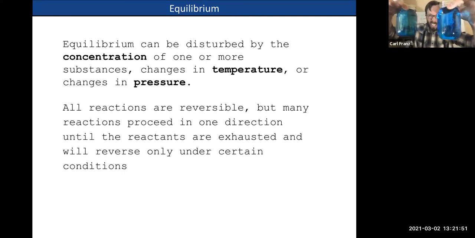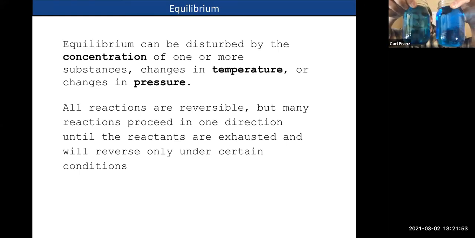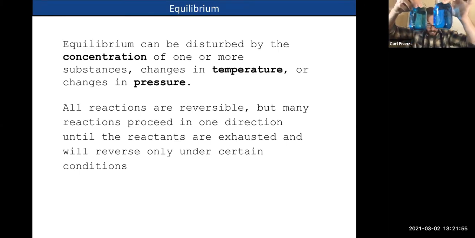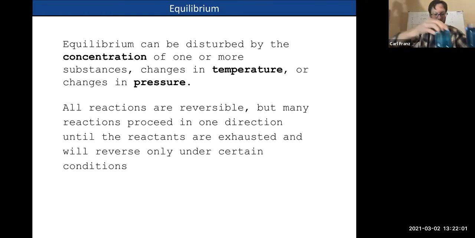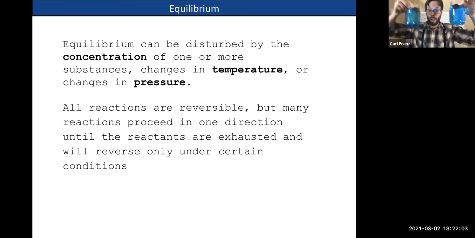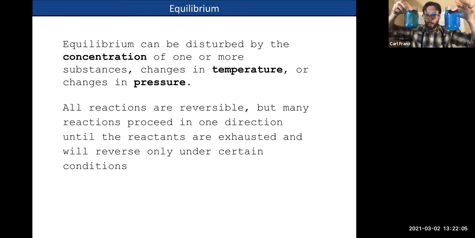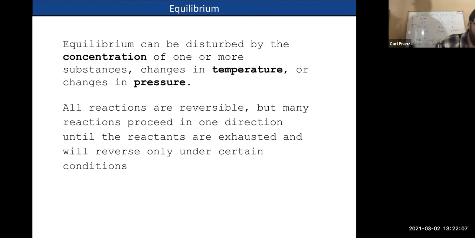I still see some swirls on my end. I'm not sure if it's coming through to you guys, but the temperature is changing the rate at which these reach equilibrium, or the pressure. Those three things affect equilibrium.